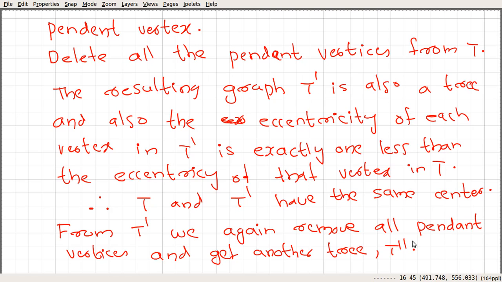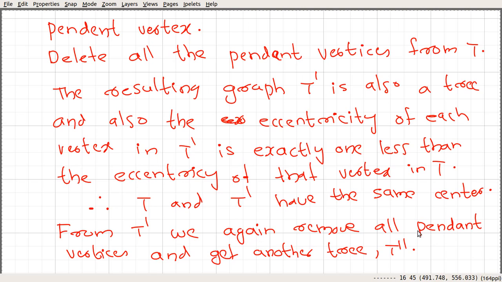Again we can see that T double dash is also a tree, and all the vertices in T double dash have eccentricities 1 less than the eccentricities of those vertices in T dash. But again we can see that the center remains the same, so the center of T double dash will be equal to the center of T dash, and that will be equal to the center of T. We repeat this process until we are left with either K1 or K2.